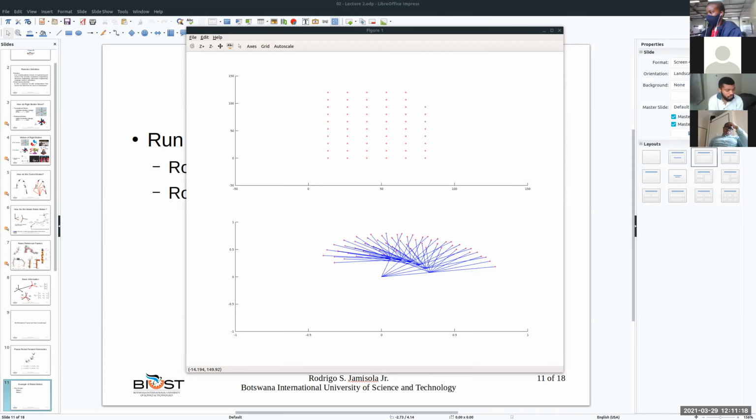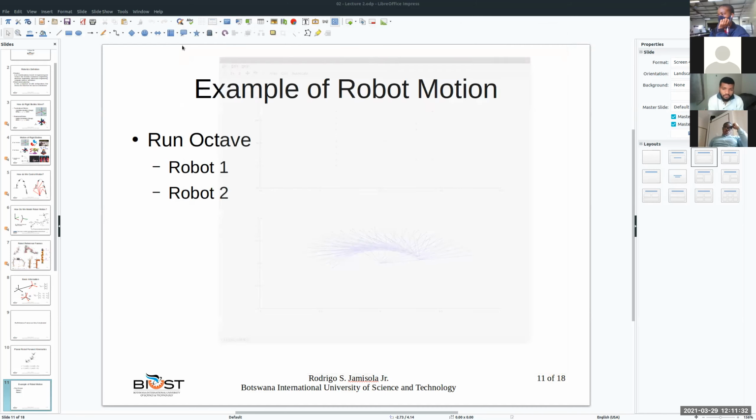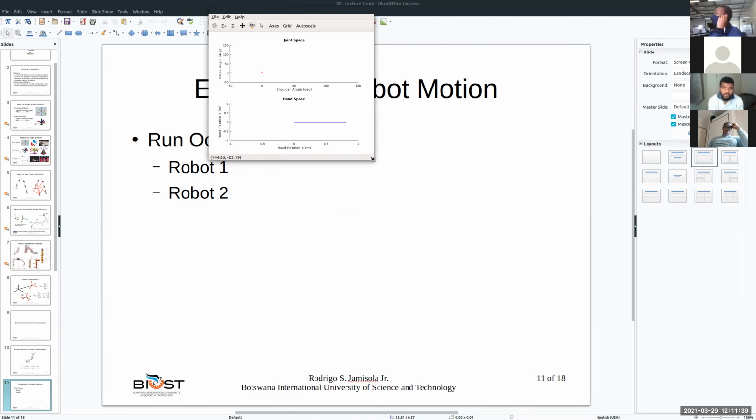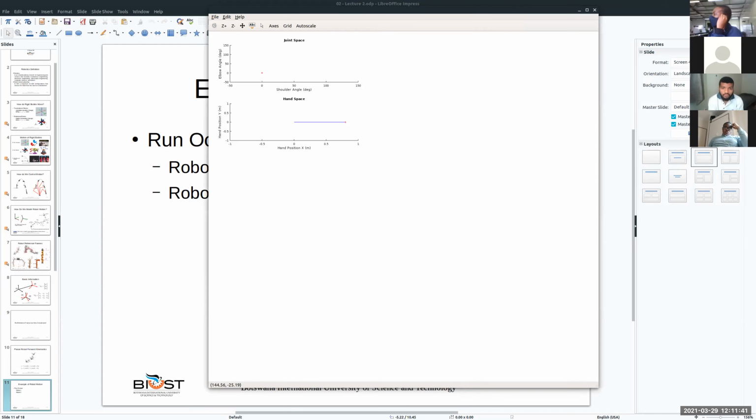Okay. That's the hand. That's how the hand moves as we increment the joint angles. Okay, let's do it one more time. I want to make it square so that we can see it square.